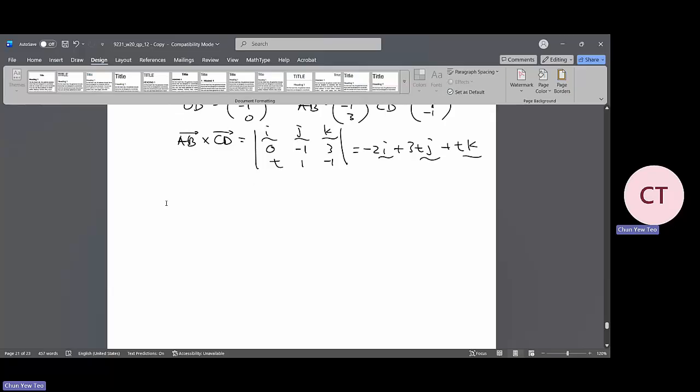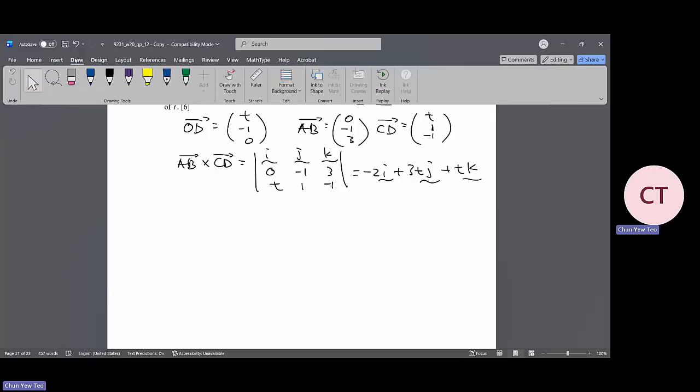Then I need one more thing. I take either A connected with C or B connected with C. Either AC or BC or AD or BD, but I usually just take AC. So we find AC. It's OA minus OC, you get 2, -4, 2.